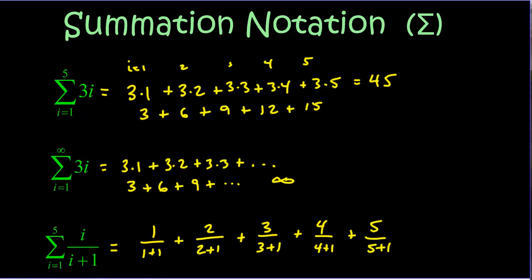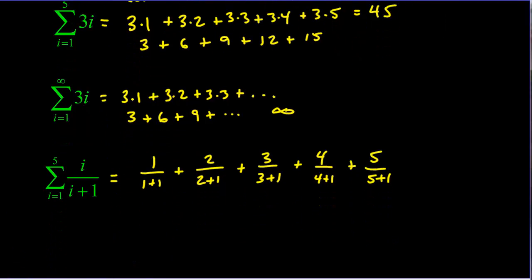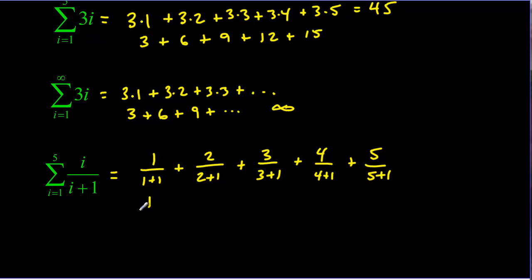We could simplify each of these fractions. So this is 1/2, and this is 2/3, and this is 3/4, and this is 4/5, and 5/6, and we could add those up. I'm not going to take the time to add these up. You could use a calculator, or you could use good old math and get common denominators for all this. But the main thing was how to interpret or use this sigma notation.